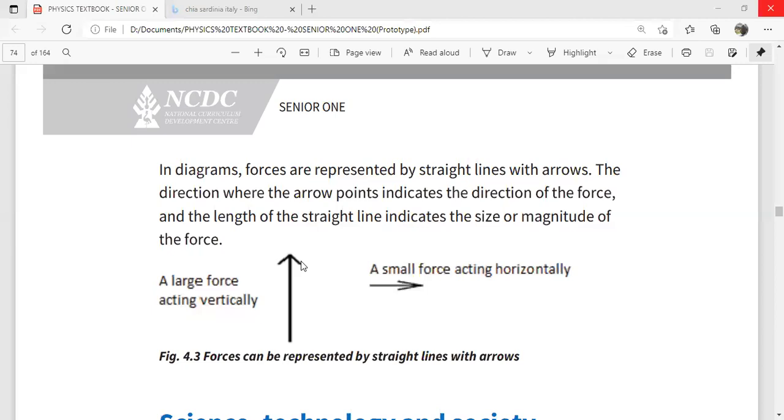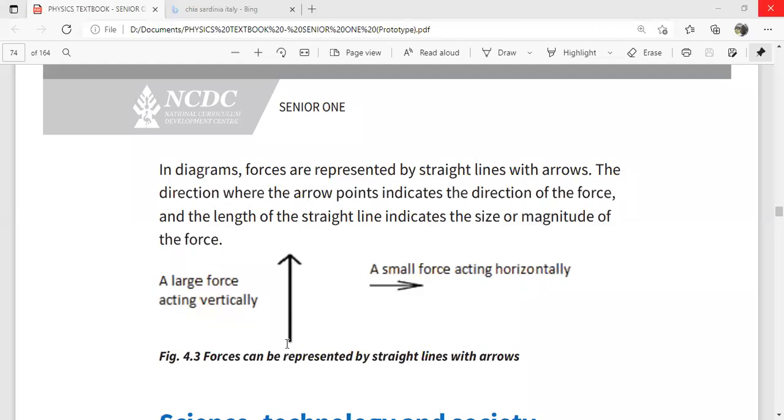The arrow always indicates the direction in which the force is acting, and the length of the straight line indicates the size or the magnitude of the force. It is supposed to be in scale to give you the magnitude of the force.